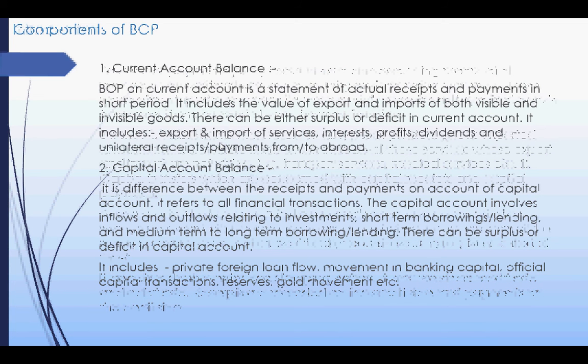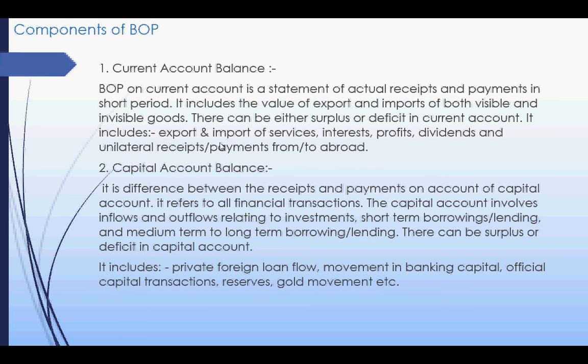Now, what are the components of the balance of payment? Number one, current account balance. BOP on current account is a statement of actual receipts for the exports and payments in a short period of time. It includes the value of exports and imports of both visible and invisible goods.